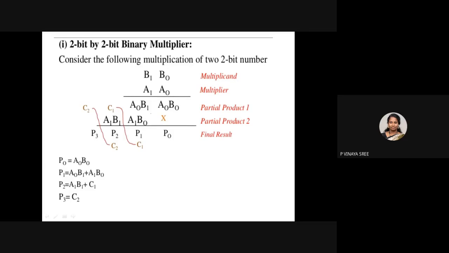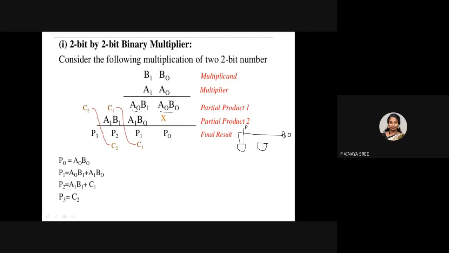So here there are two AND gates. What is common? A0 is common, right? So I'm giving A0 as one operand.